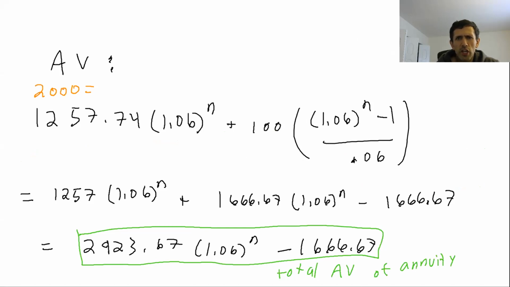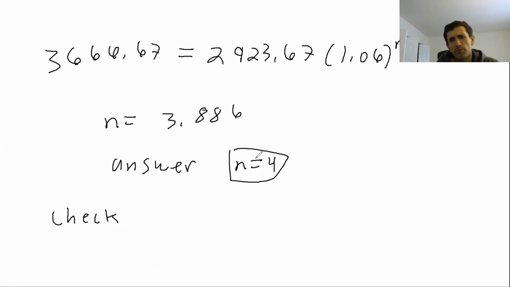Let's first check that you do get at least 2,000 here.